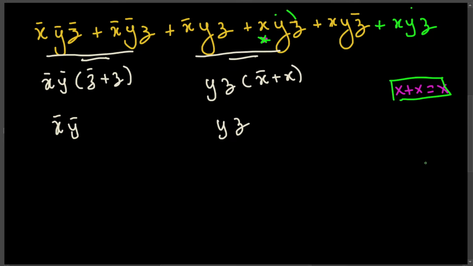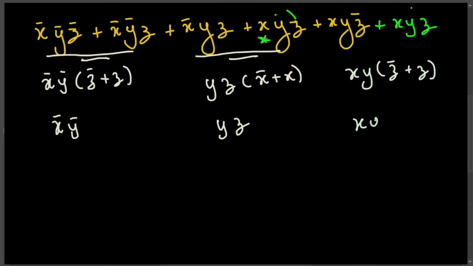Now we can go ahead and simplify this one. Let's write this one right here. I take xy common, so this is going to be z prime plus z. In Boolean algebra, if you have a variable and its prime added, that's equal to 1. So 1 times xy is going to be xy.